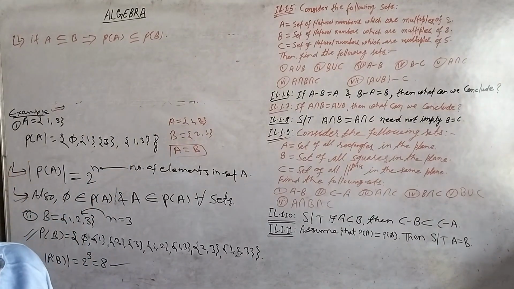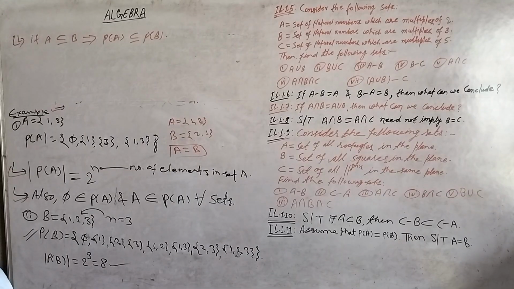And next topic we discuss is the universal set. What is a universal set? We try to understand a universal set from examples. Superset of all the sets under discussion.